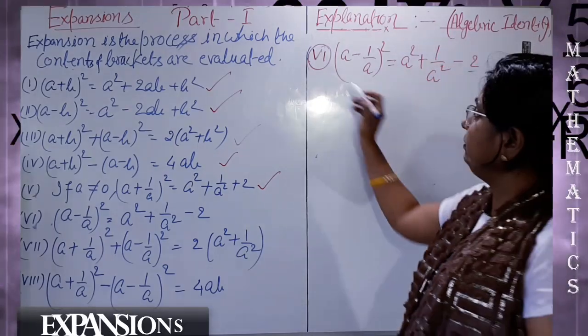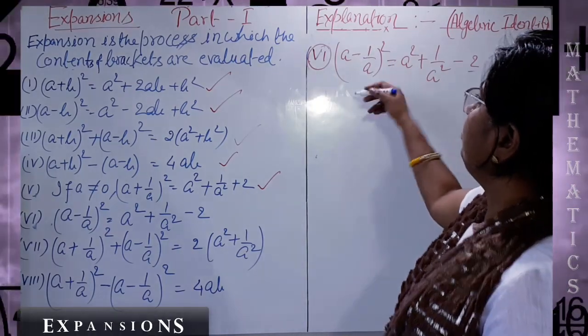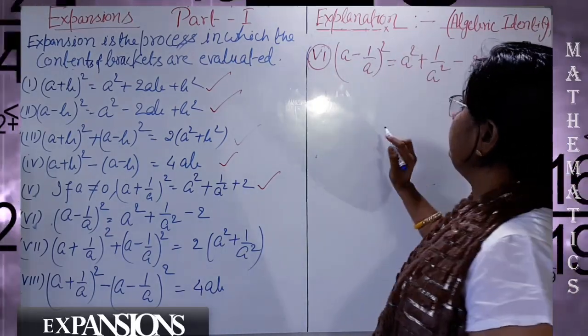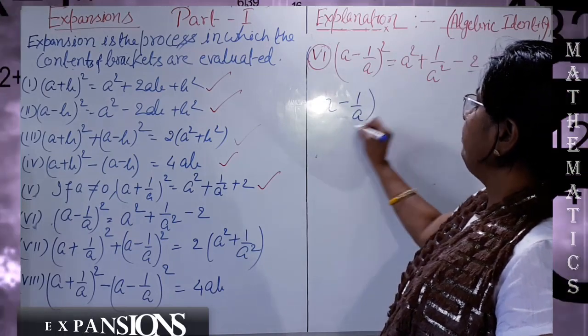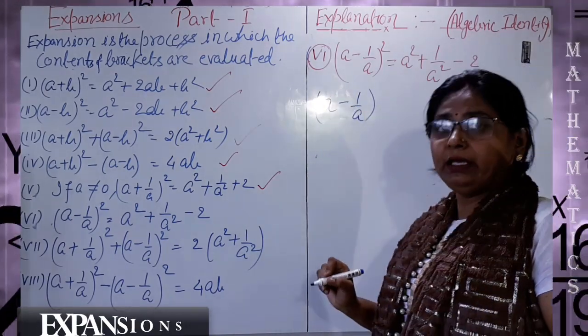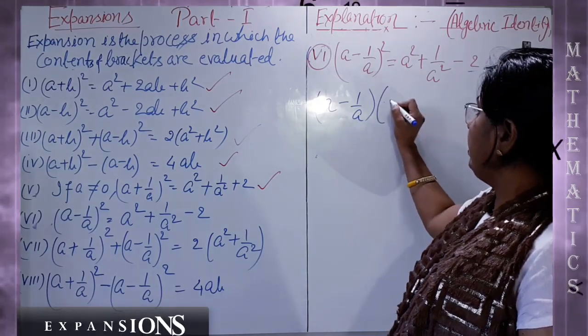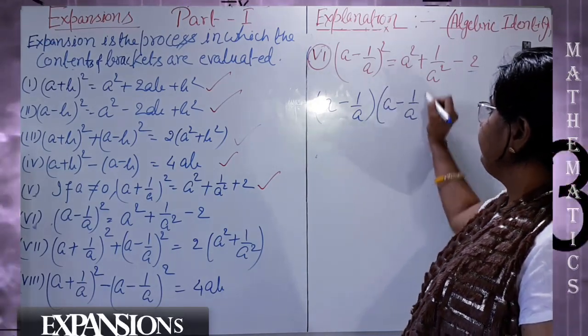I am going to explain. A minus 1 by a whole square is equal to this one. Then again 2 times multiplication, a minus 1 by a into a minus 1 by a.